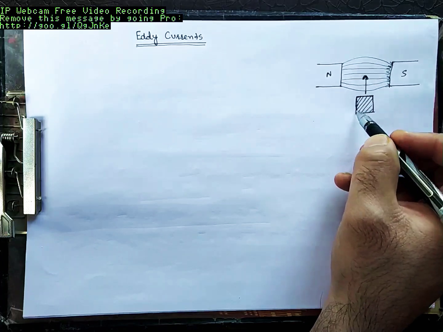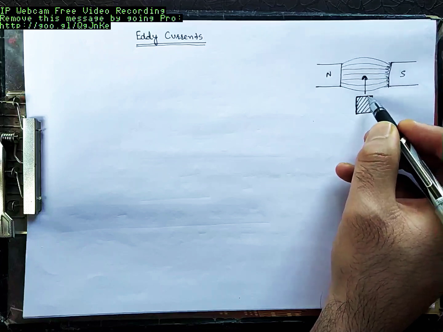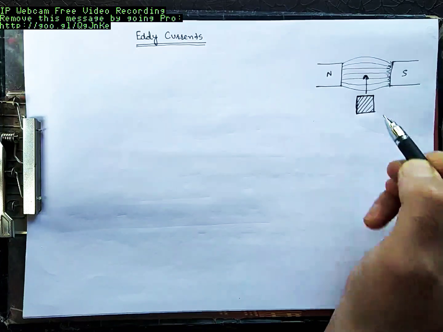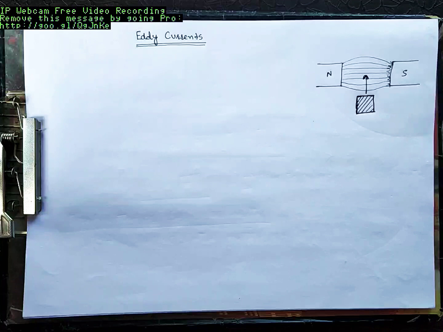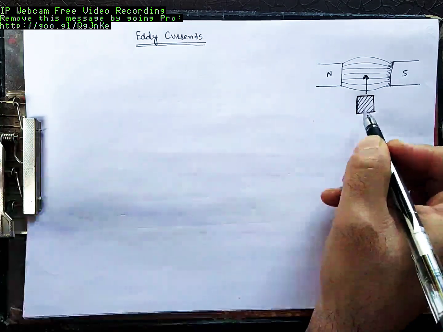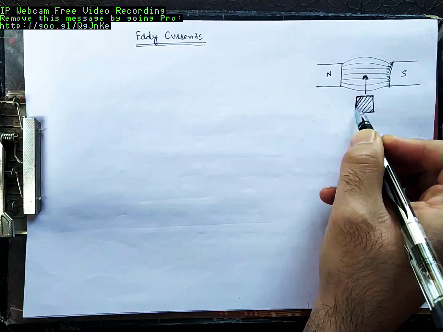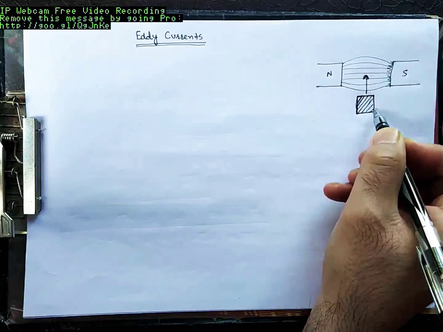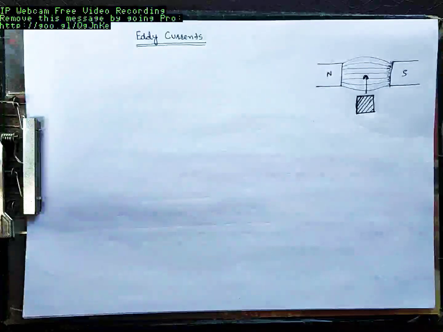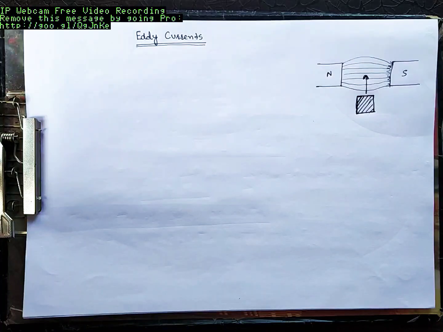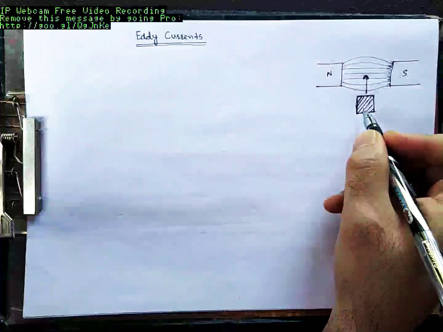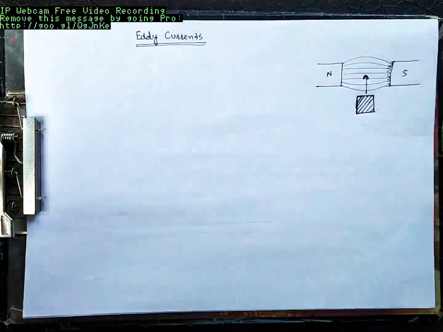So flux that is linking this plain sheet of conductor is changing. Whenever the magnetic flux passing through this plane area is changing, then as per Faraday's law, there will be an induced EMF in this and there will be a current in this.